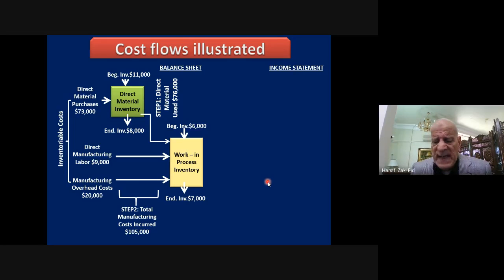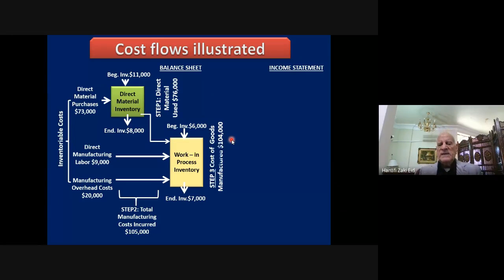Assuming that ending inventory amounted to $7,000, if we subtract this amount from the total amount of production during the period, we will have the cost of goods manufactured. Cost of goods that have been manufactured during the period. The cost is $104,000.